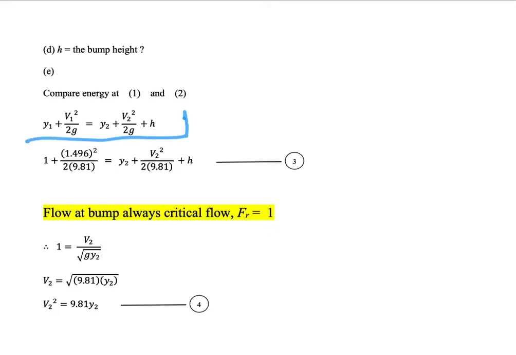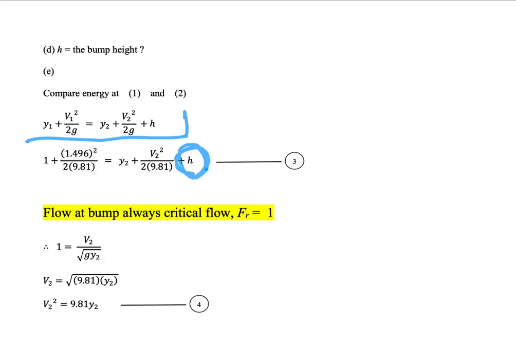We substitute all the values, and the difference is we need to add the amount of H inside the energy equation. I think you still remember we have two types of energy: one is specific energy and one is total energy. In this situation, we could use the idea of total energy.